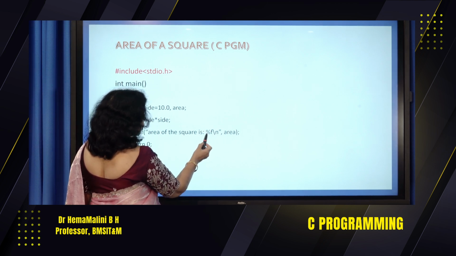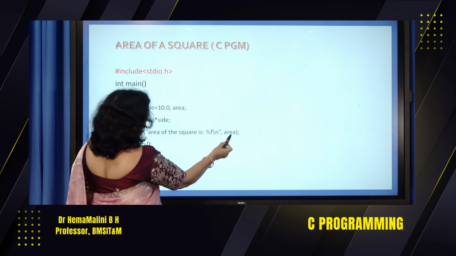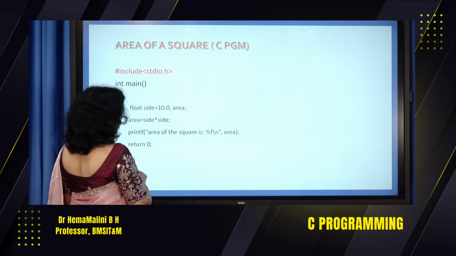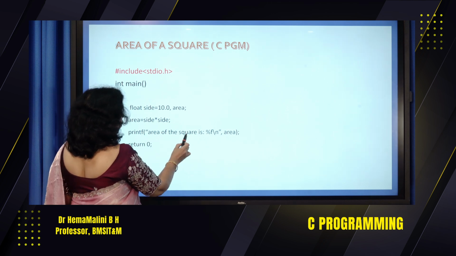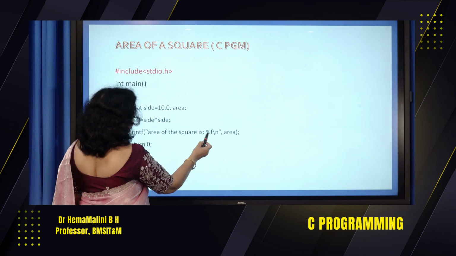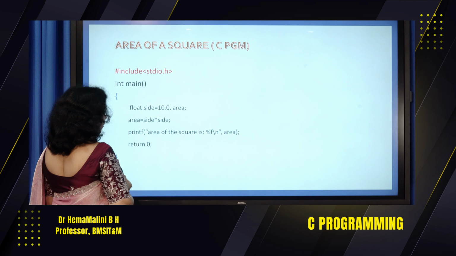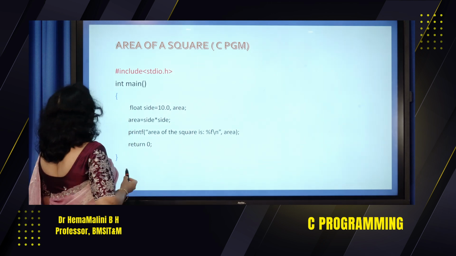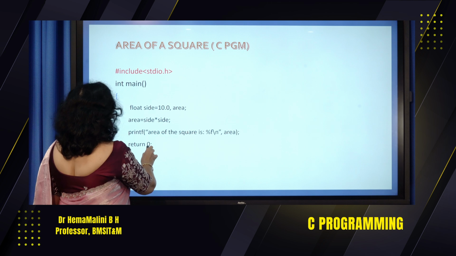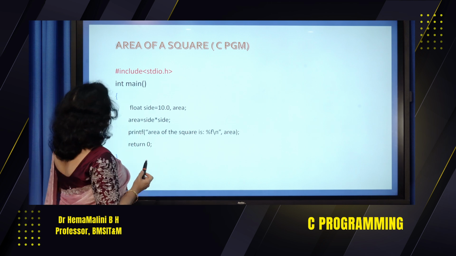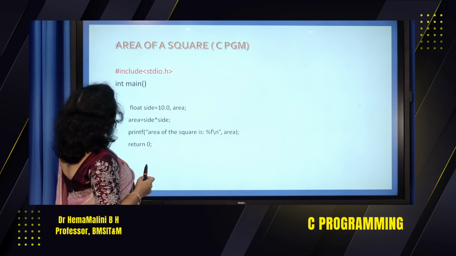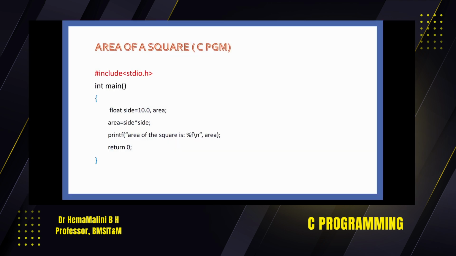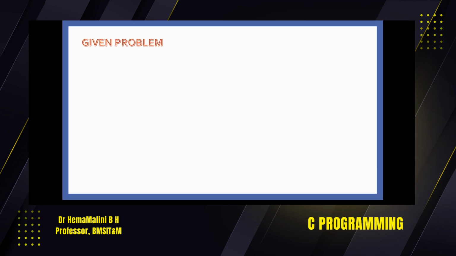In the place of %f, the value in the variable area is substituted. So, the computed value would be displayed. Return 0, since we are using int main, the value 0 is written here. So, this is how we write a simple program in C to find the area of a square.